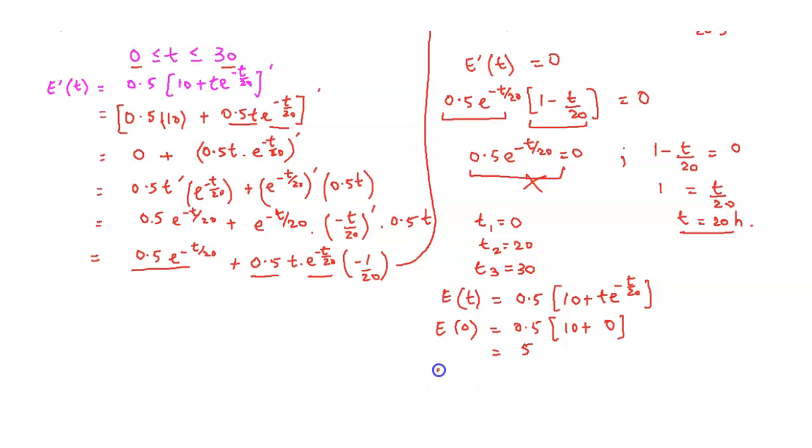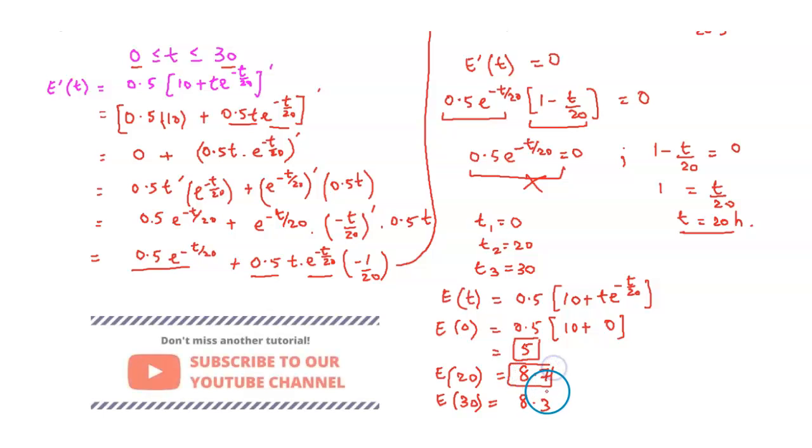The next one is if I sub in t as 20 and solve this. You can use a calculator to solve this. You'll get 8.7, and if you study 30 hours, your E is going to be equal to 8.3. We have got three effectivenesses: 5, 8.7, 8.3. We are looking for the greatest effectiveness, and that comes when the student studies for 20 hours.